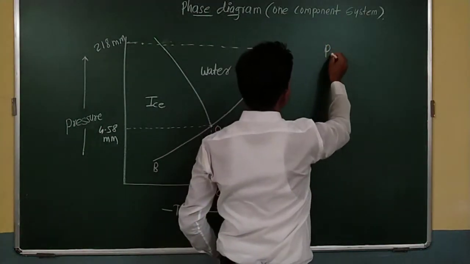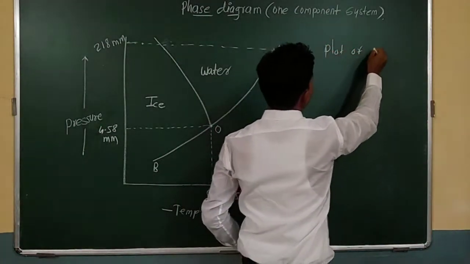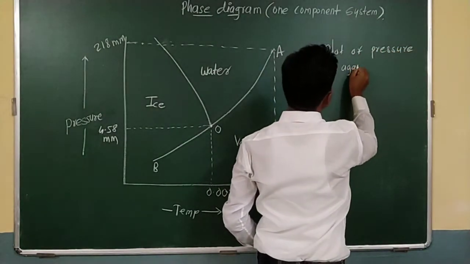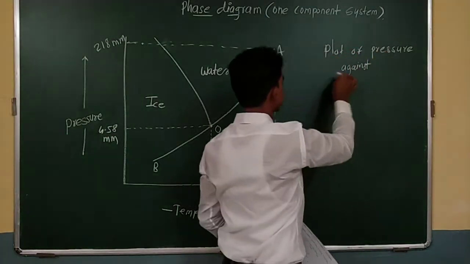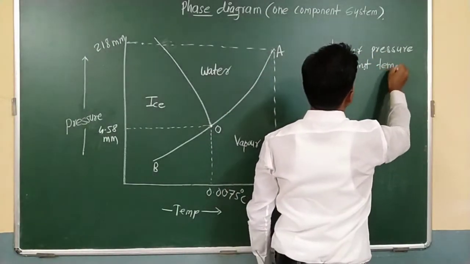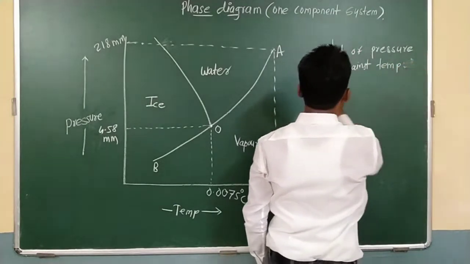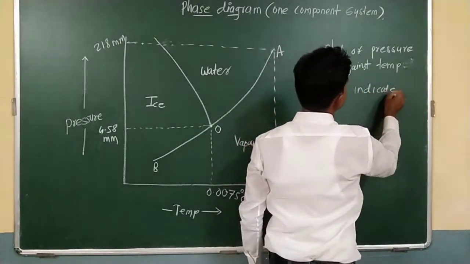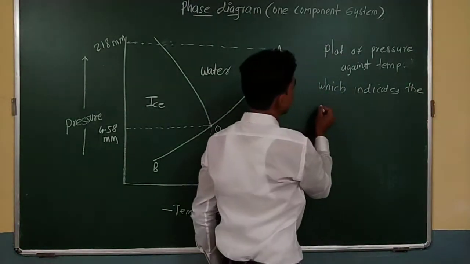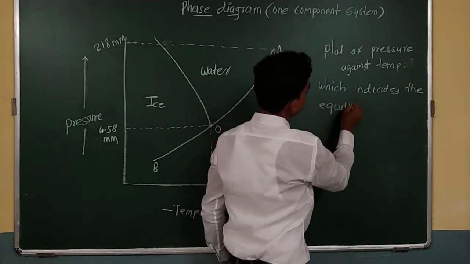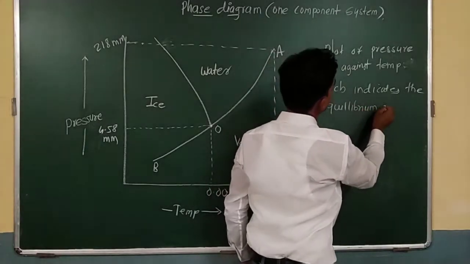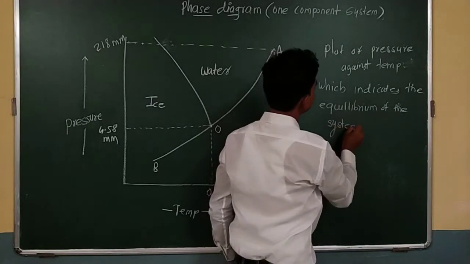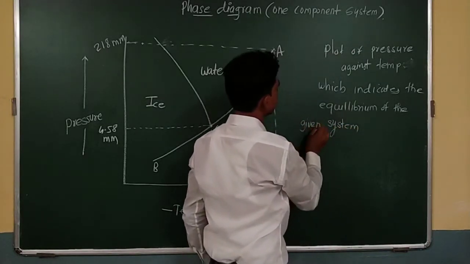Suppose I am writing it like this: the plot of pressure versus temperature, which indicates the equilibrium of the given system.